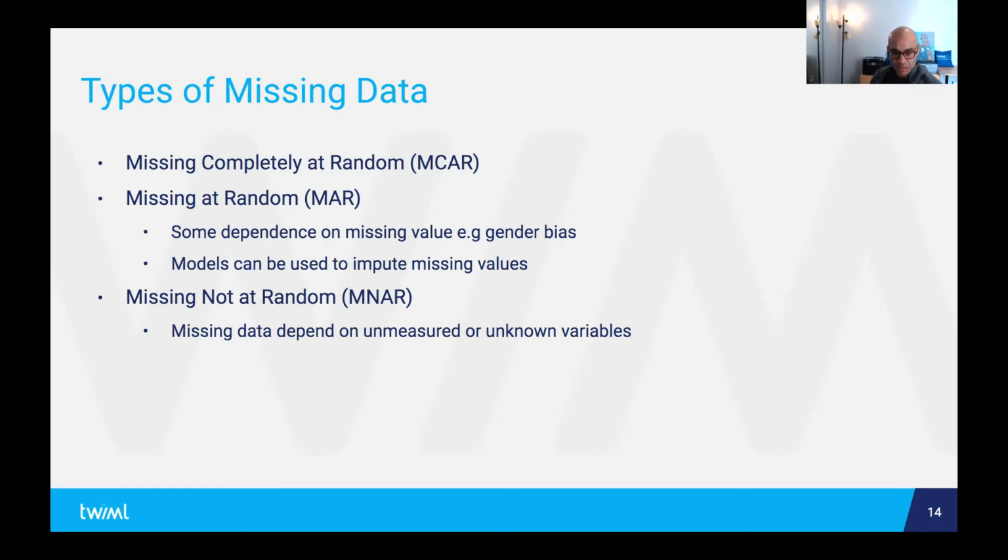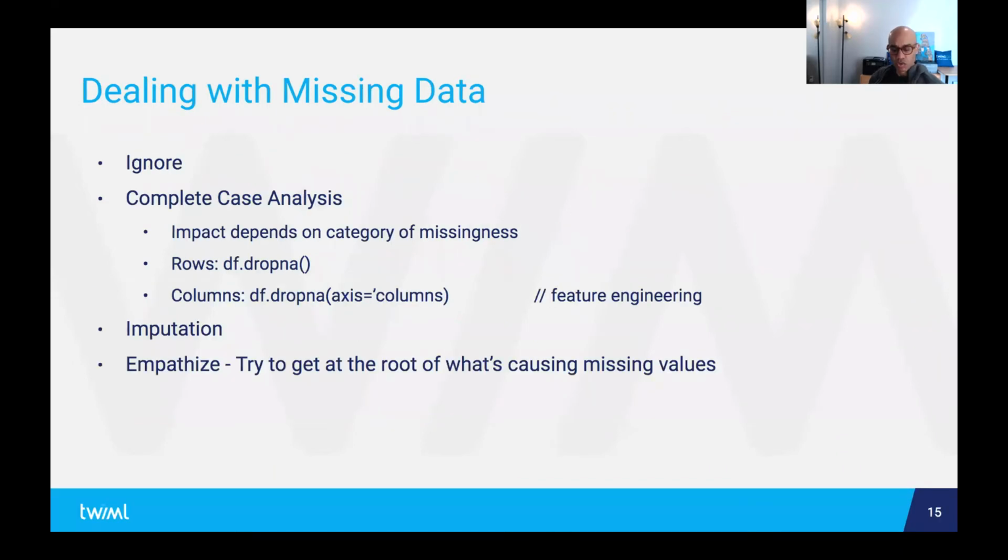And then there's missing not at random, and that is where your missing data depend on unmeasured or unknown variables. And so the way you deal with missing data depends a bit on why the data is missing and the type of missing data.